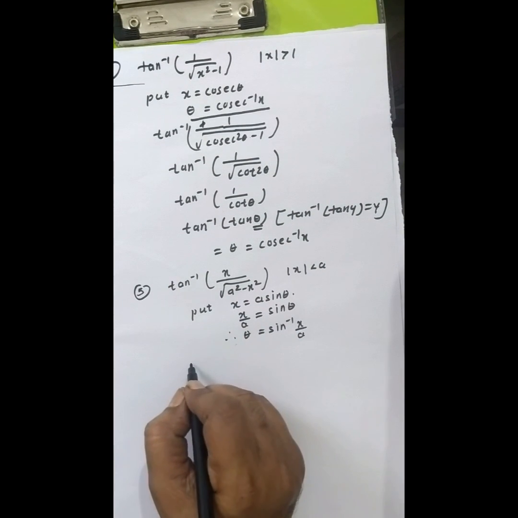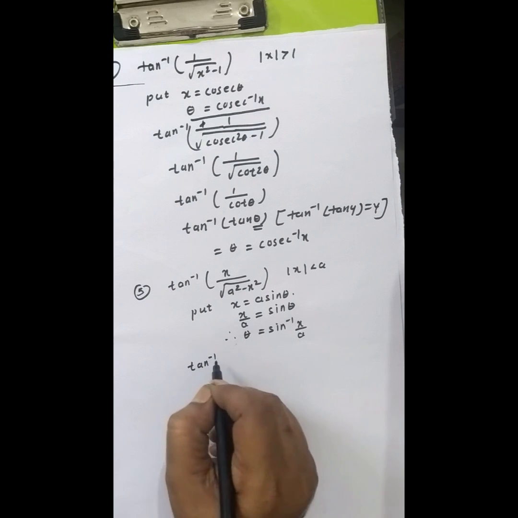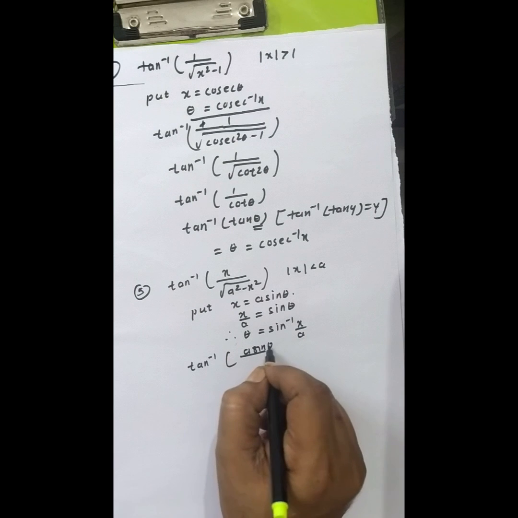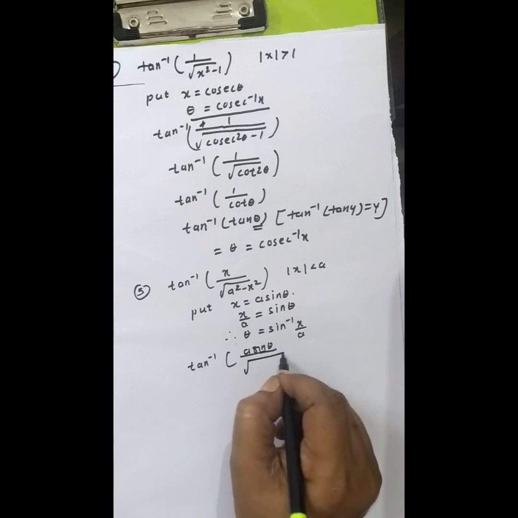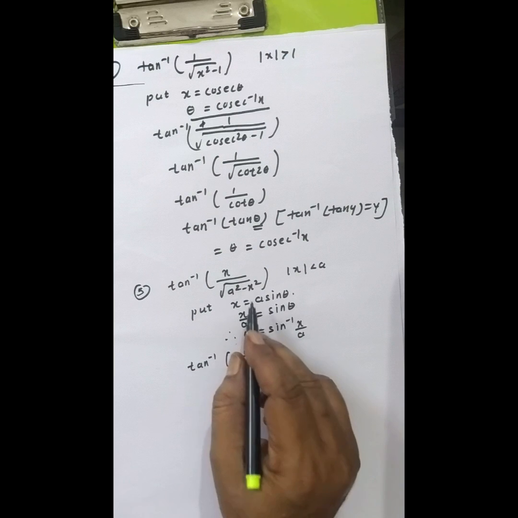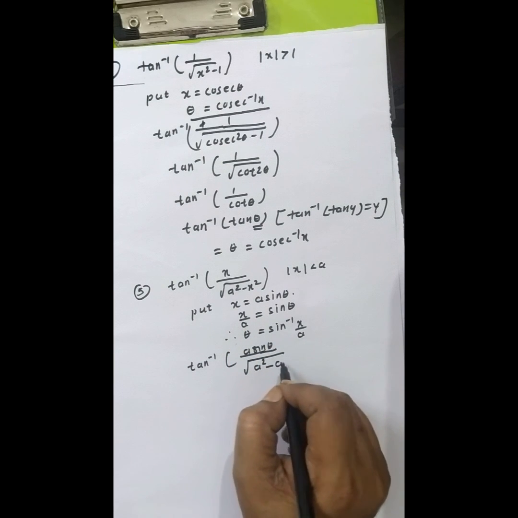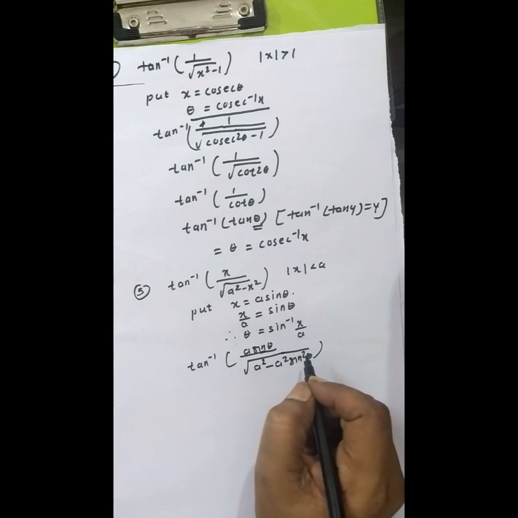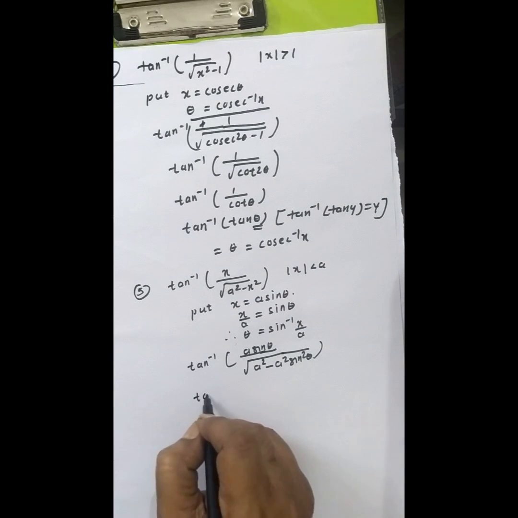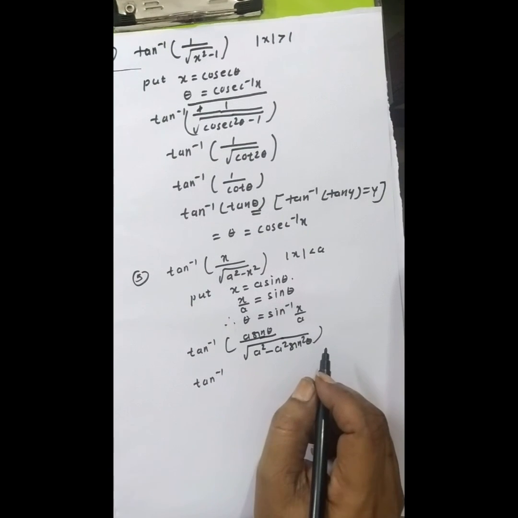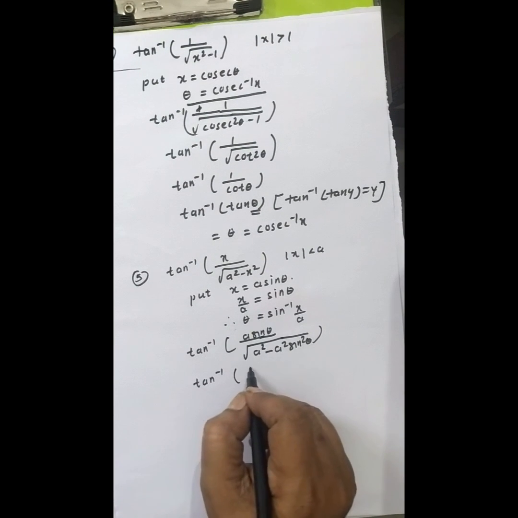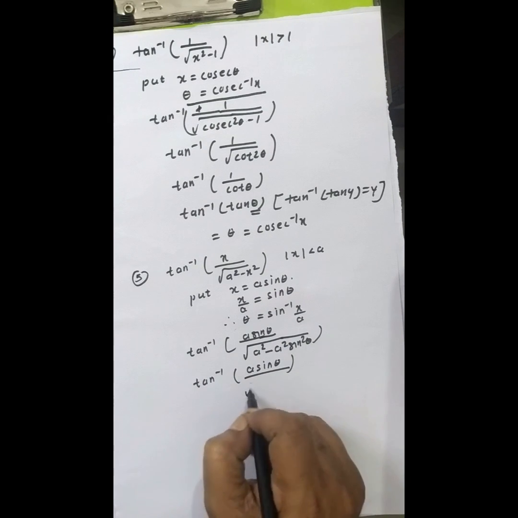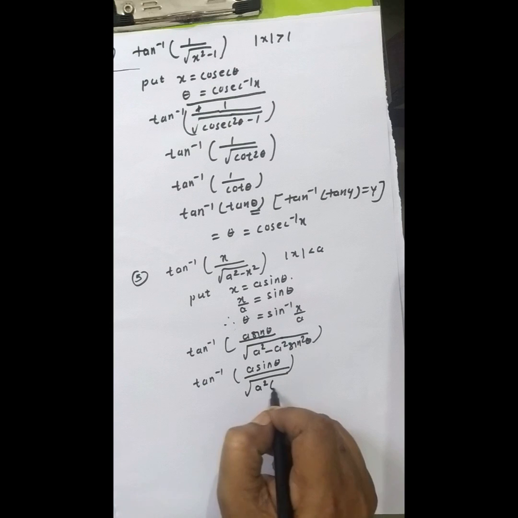So what happens to this sum? Sum becomes tan inverse of a sin theta divided by root of a square as it is. x is a sin theta, x square is a square sin square theta. So divided by root of a square sin square theta. This will be tan inverse of a sin theta divided by under root of a square into bracket.